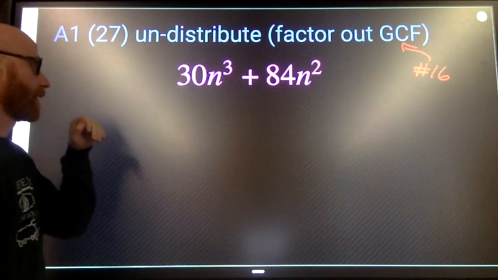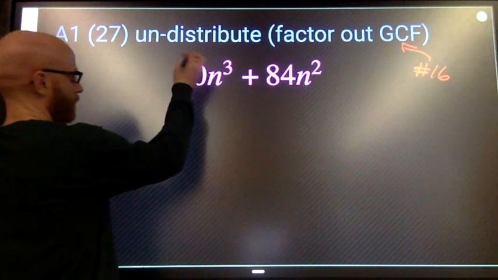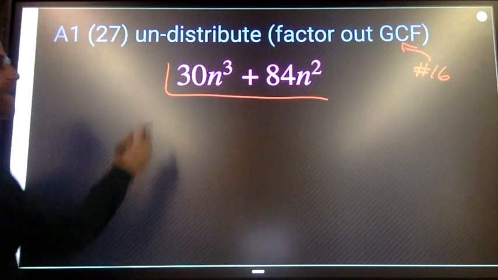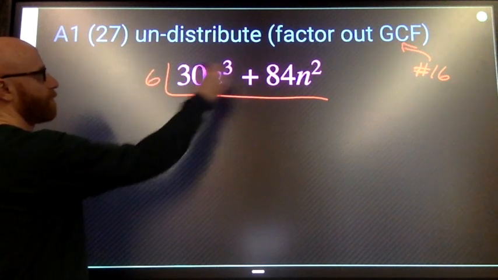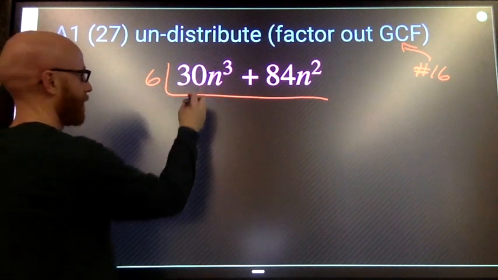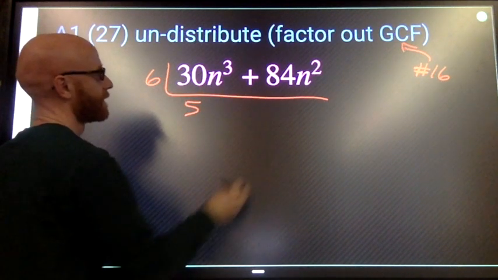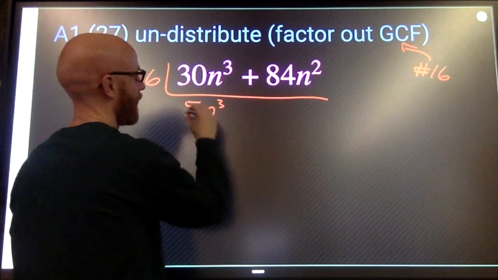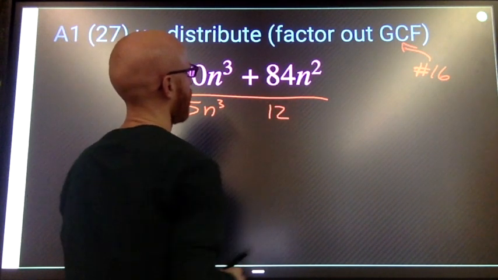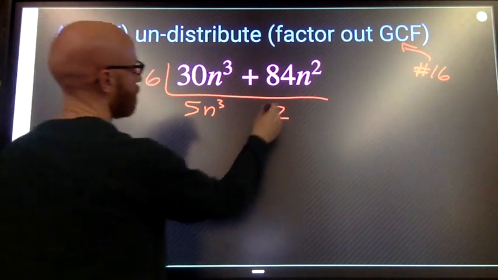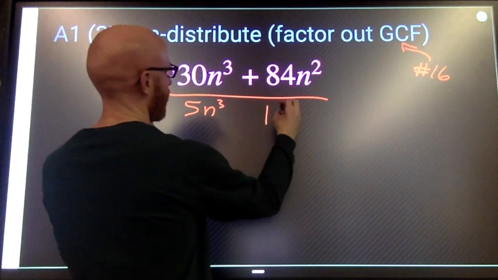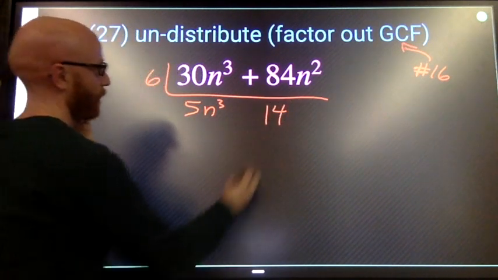So, GCF of these, if you remember, one way to find it is the upside down cake method. I know that 6 divides both of them. 6 divides 30n to the third, 5n to the third times, and it divides 84, 14 times.